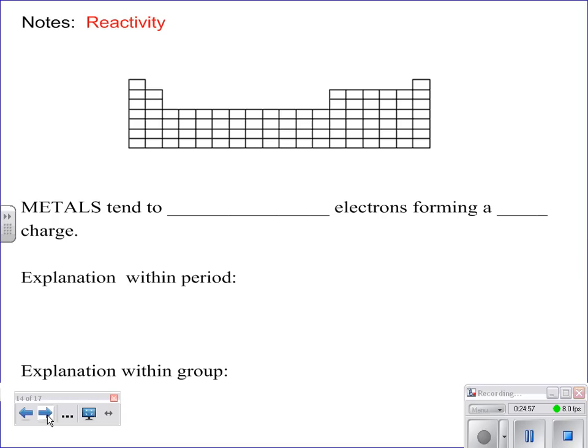And we're going to sum this all up by talking about reactivity. Let's just answer these questions. It says metals tend to do what with electrons? Lose electrons. And when they lose those negative particles, they become more positive. Within a period, where do we find really good metals?